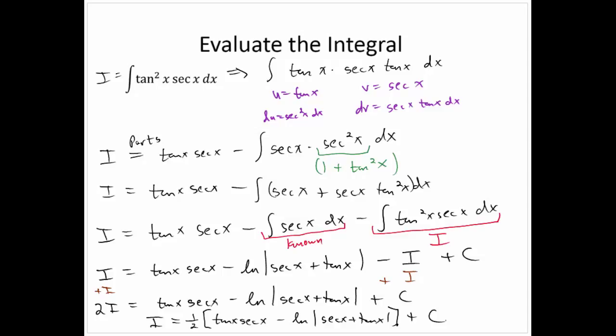All right, so that one's a little tricky, and this happens sometimes, especially when we're dealing with exponentials and trigonometric functions. We sometimes have to use this sort of trick, where we end up with the original integrand on both sides of the equation, and then we have to solve for the integral. All right, that completes the presentation for this section.